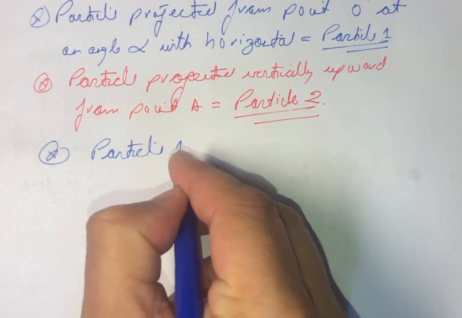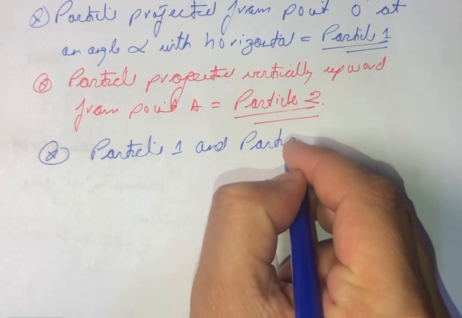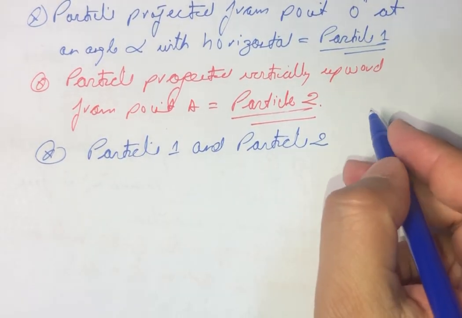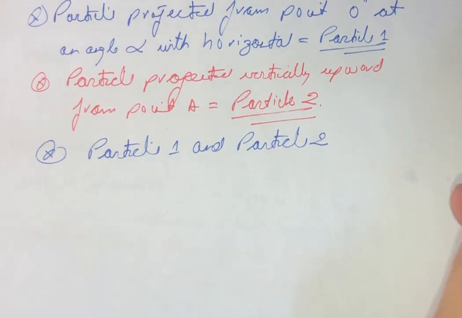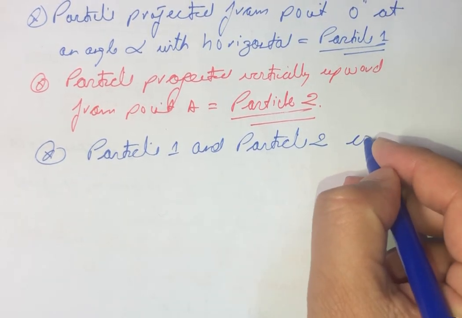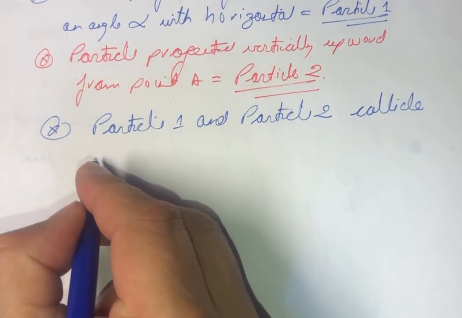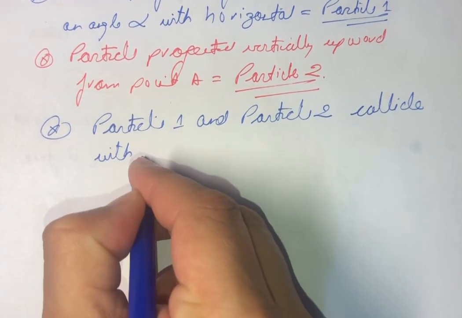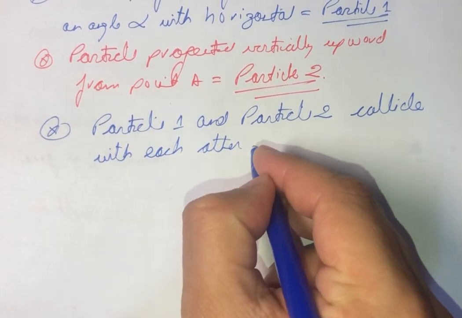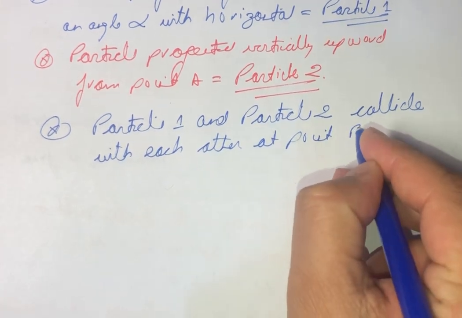Particle 1 and particle 2 collide with each other at point B.